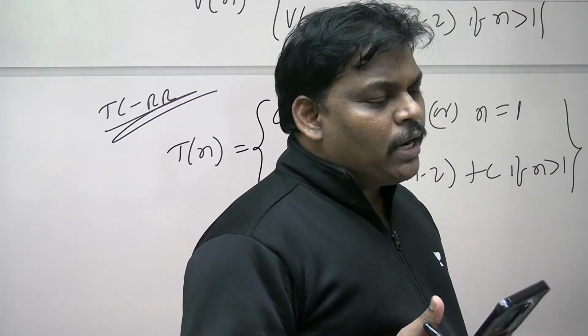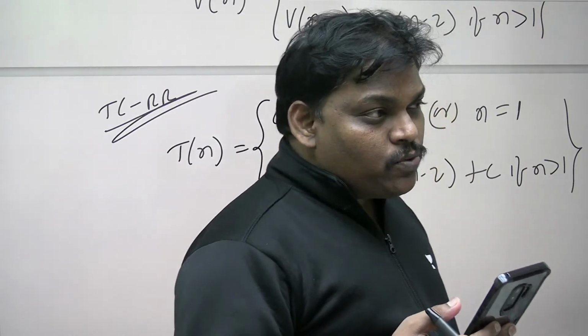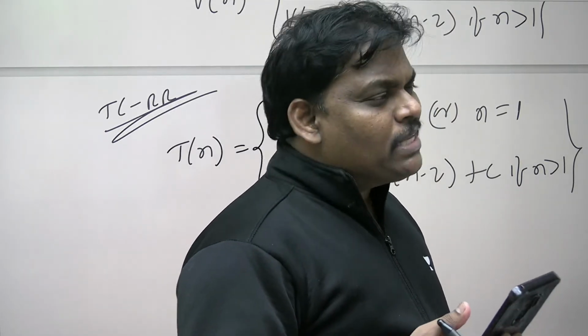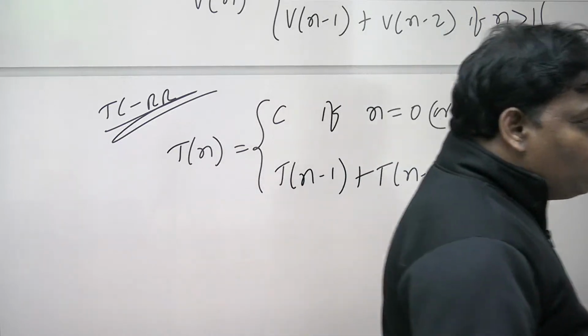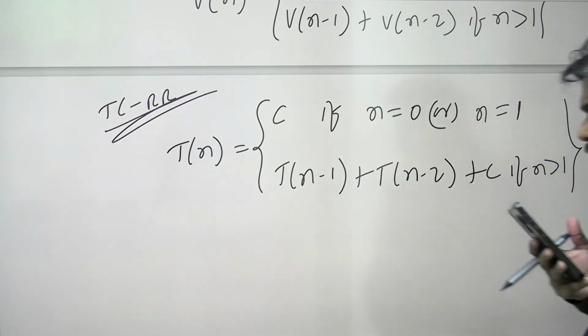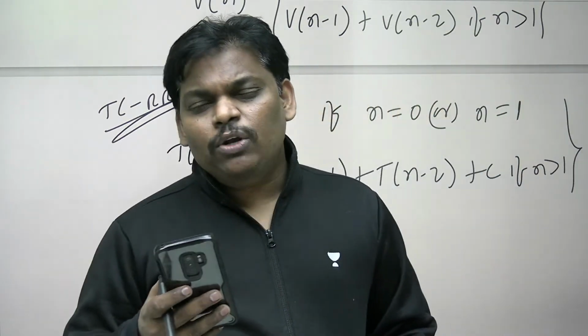Whenever there is no loop, plus C. Wherever you go, time complexity means no loop: just write plus C. If a loop is there, one time, plus N. If inner loop, two times, N square. If three times inner loop, N cube. So go wherever you want to go.